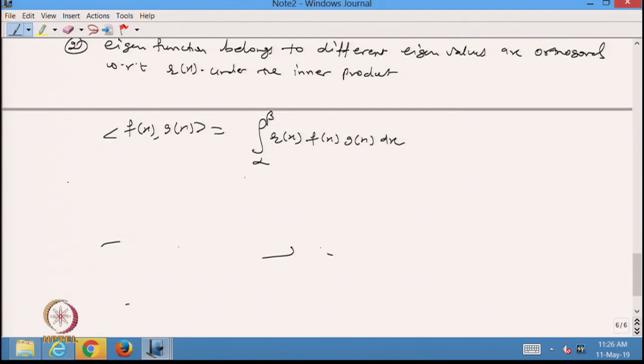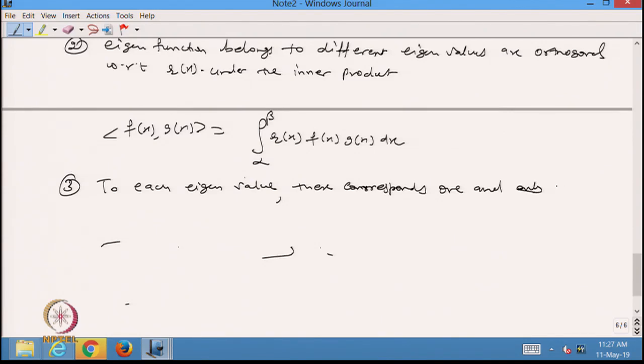Next, the third one is that to each eigenvalue there corresponds one and only one eigenfunction.